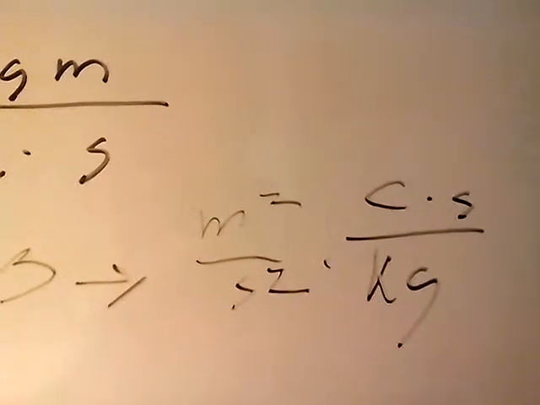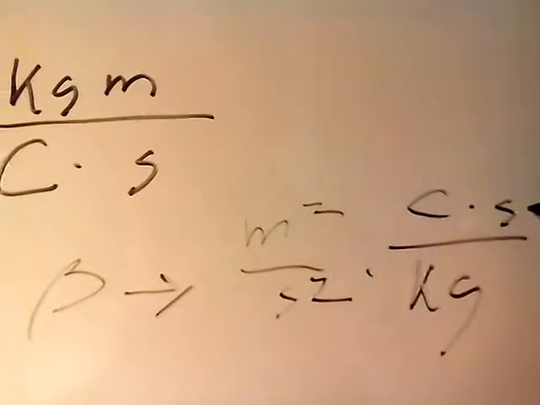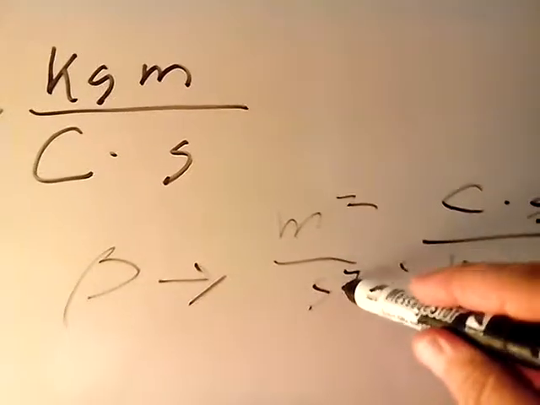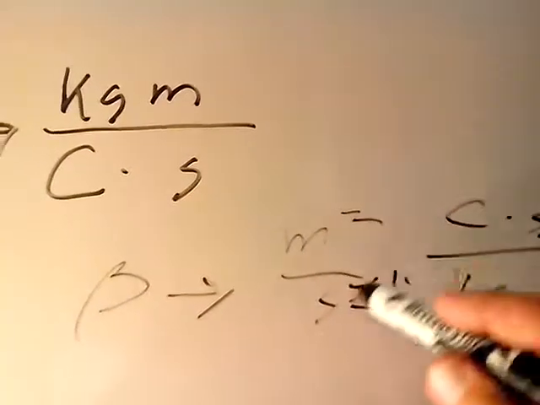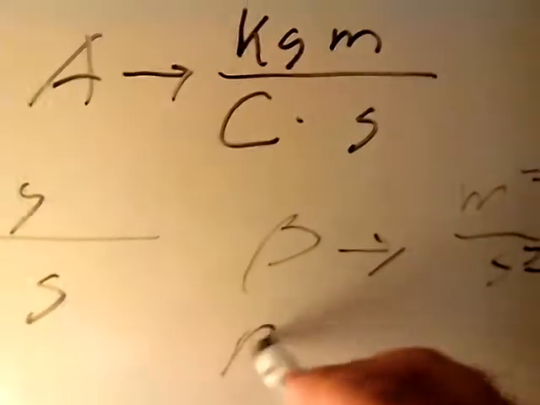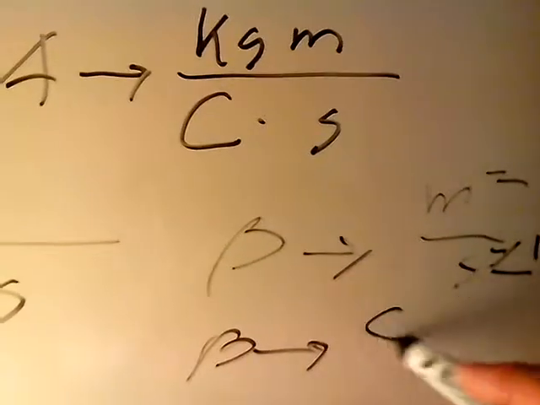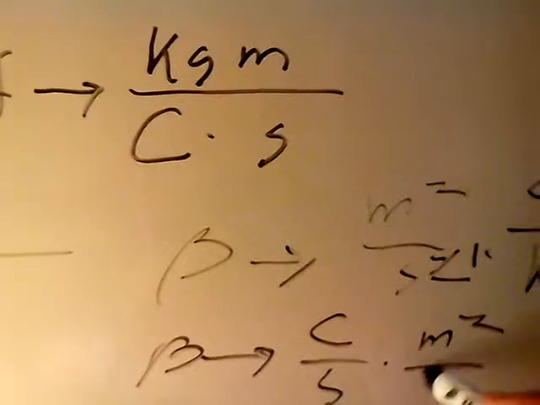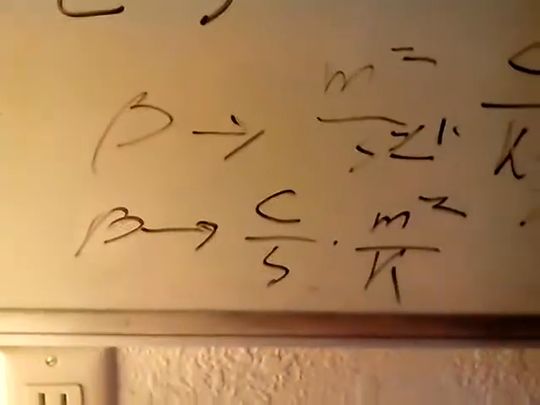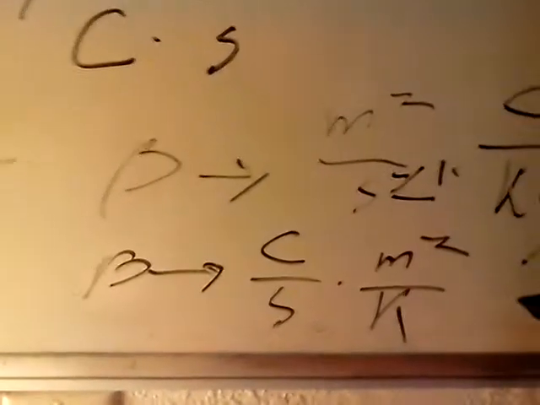And it turns out these seconds drop out, you get second to 1. You get coulombs per second. Beta equals coulombs per second times meters squared per kilogram. Well, coulombs per second is simply amps, which is current.